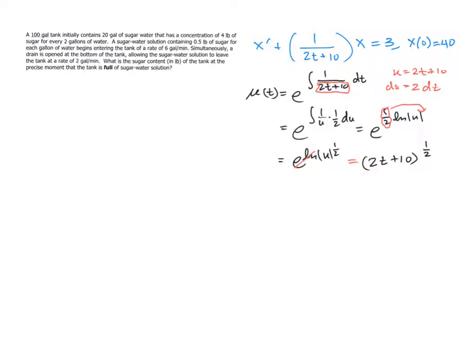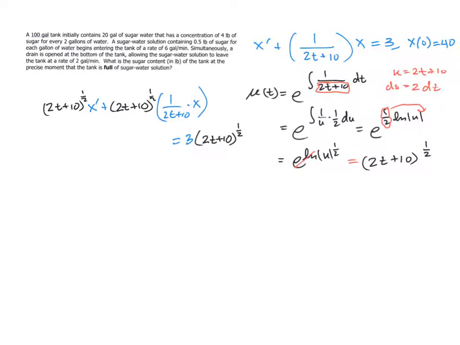So now we're going to take this integrating factor, which is again 2t plus 10 to the half, and multiply it to our differential equation. So that's times the x prime plus our same 2t plus 10 to the half times the middle, which was 1 over 2t plus 10 times x. And that's equal to our 3 times that same 2t plus 10 to the half power.